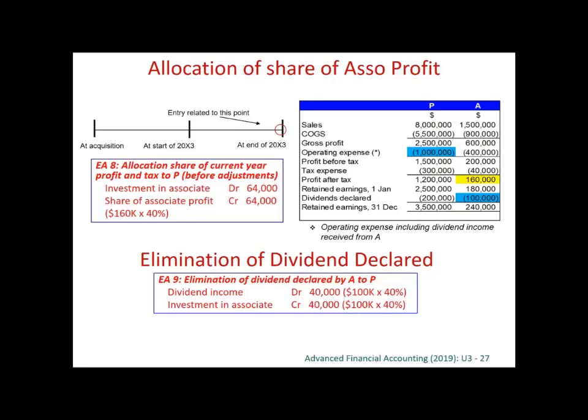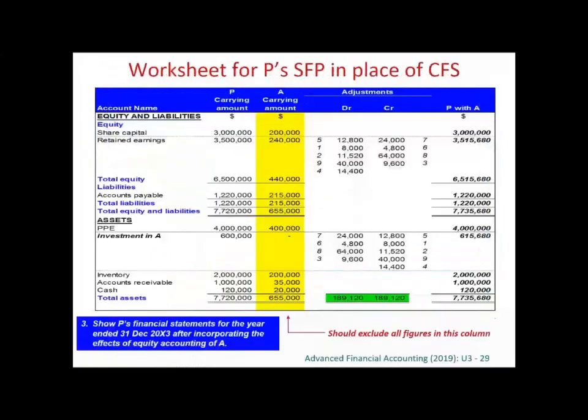Okay, so you have made 9 adjustments already. If the question asks for a worksheet, this is what you have to present, right? So this is the worksheet. What we have to do now is remember to insert an investment in associate under non-current assets.